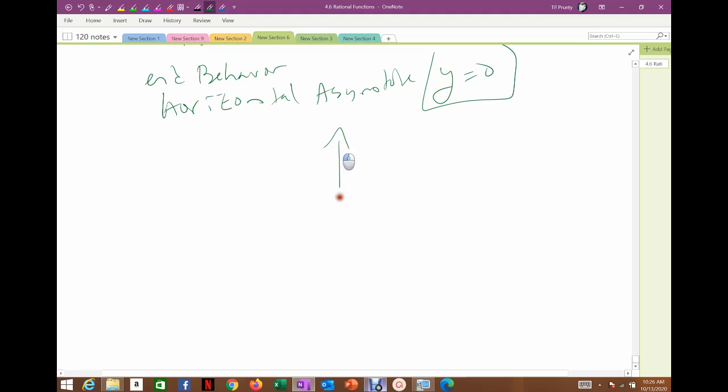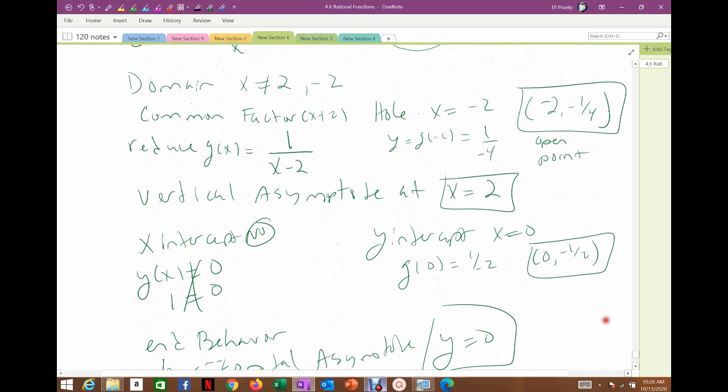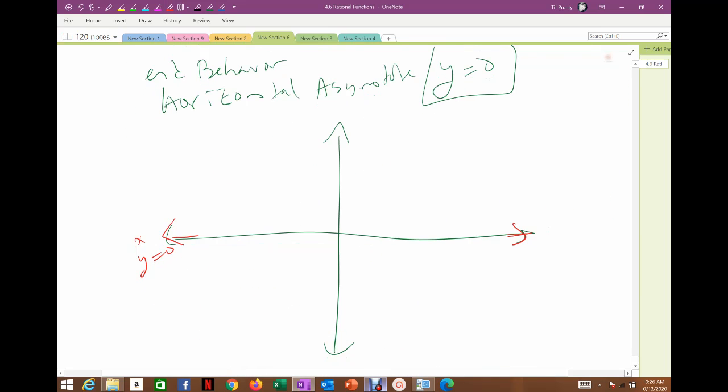All right, so now putting it all together. So first of all, it's going to approach my y equals 0 on both tails, right, as x goes to infinity and negative infinity. All right, the other asymptote is at x equals 2.